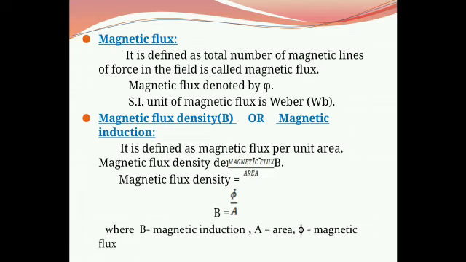That ratio is called magnetic flux density. Therefore, B equals phi upon A, where phi means magnetic flux and A means area, and B is called magnetic flux density or magnetic induction.